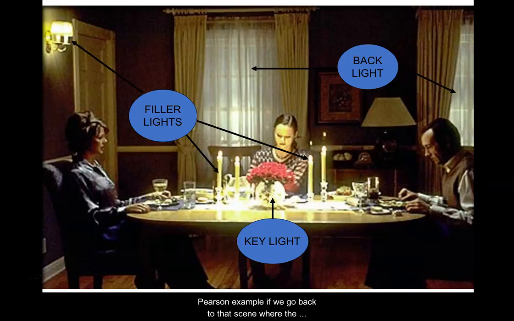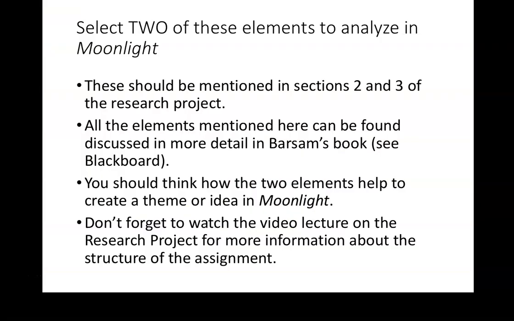So here's an example if we go back to that scene where the different elements of lighting are, with key lights being the center, the backlights producing lights in the background, and then the filler lights rounding out the elements of lighting. Once again, make sure you refer back to our video lecture on cinematography where we discuss lighting in a little more depth.